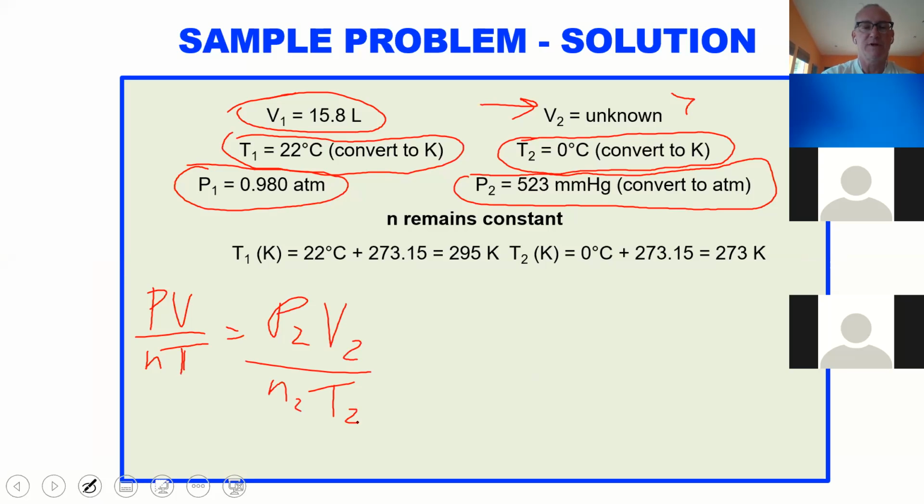So we know everything except V2. So I'll give you a couple minutes to see if you can come up with an answer for that one, okay? Remember, we did the conversion for you here for the temperature. You do need to convert the pressure.